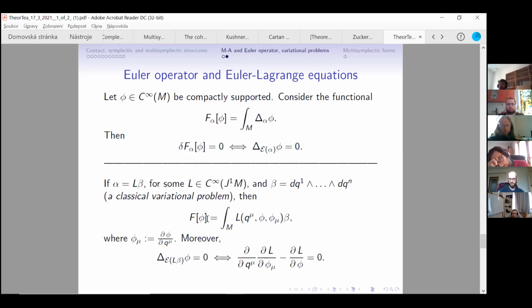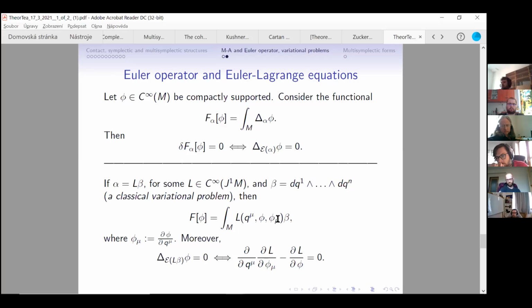And now let's see what happens if we pick some nice alpha. If we pick alpha as L beta, where, as I said before, L is a smooth function and beta is dq1 wedge dqn, so it is a classical variational problem in the sense that it's a first order variational problem. It will correspond to a first order Lagrangian if we pull down this form on M. And if we view it as a functional, we have this.